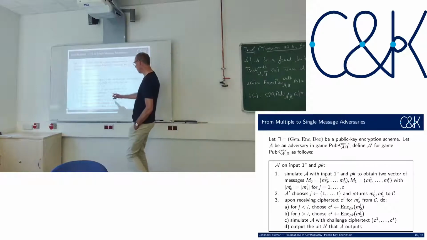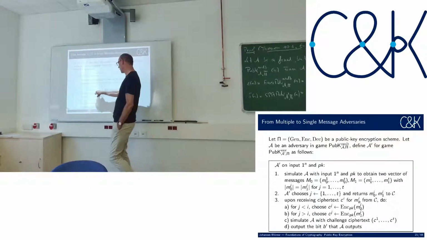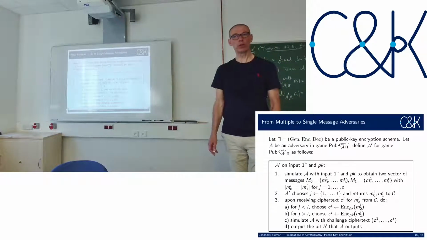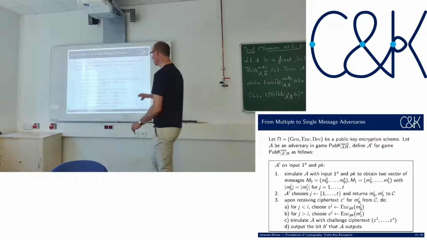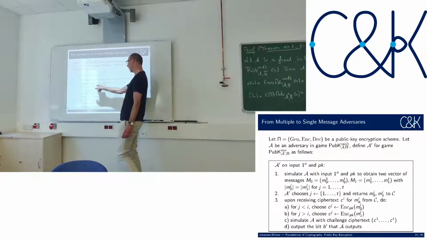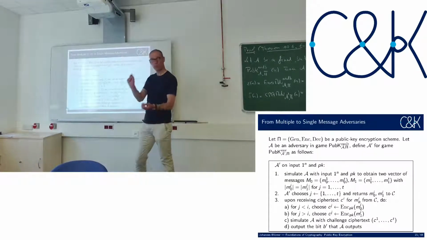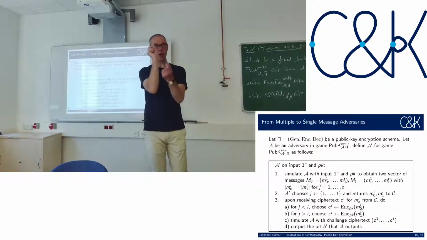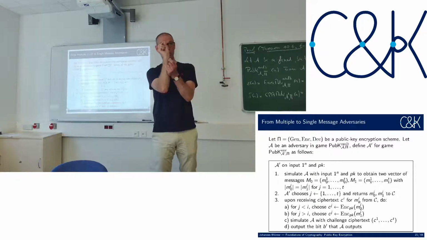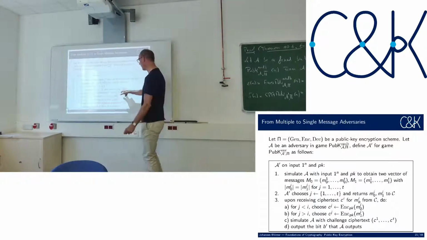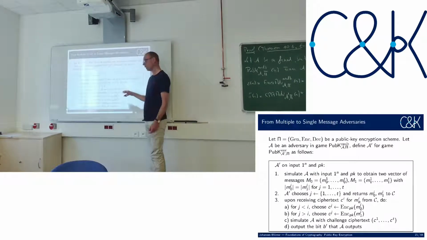Now A prime chooses an i uniformly at random from 1 to 2. So it picks a position, either this one or this one. And then it returns, remember, A prime is on single messages, for single messages from our space, M0,i and M1,i to C, its challenger.